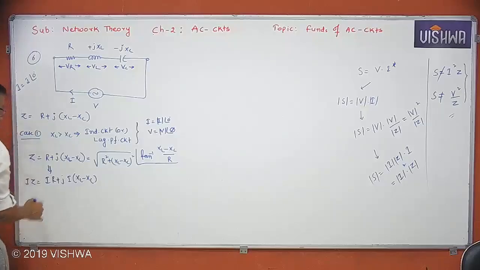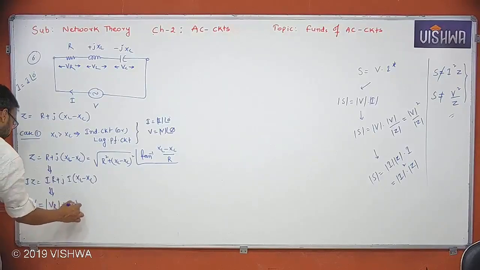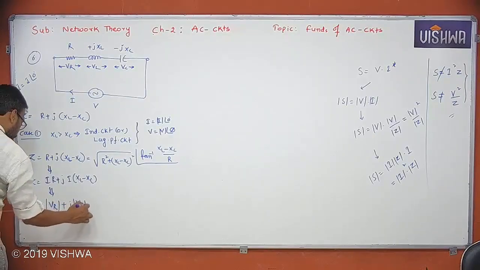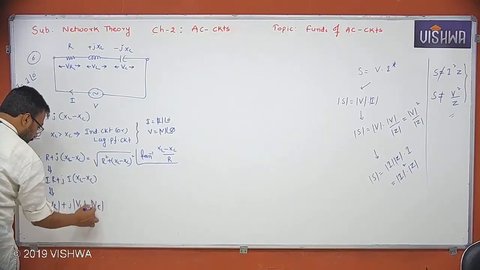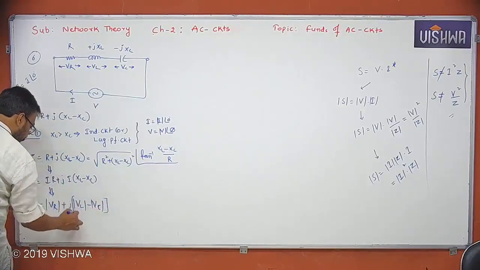So what will happen if you take that particular case here for your convenience? So VR plus J times VL minus VC. VL minus VC. Yes or no? This is what you got.